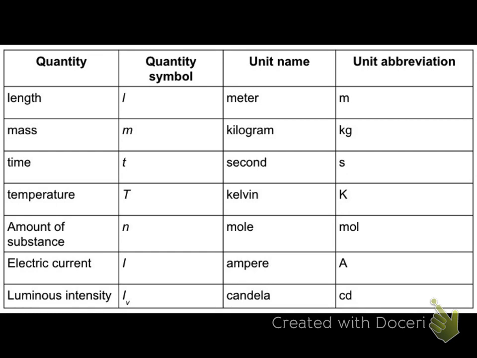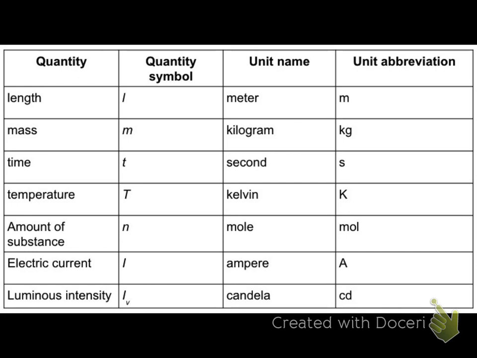Length is a lowercase l, okay? So as we learn different equations, you'll see some of these symbols used to represent them so that the equation doesn't take as much space to write out. Time, we use the base unit of a second, and that is the letter s.